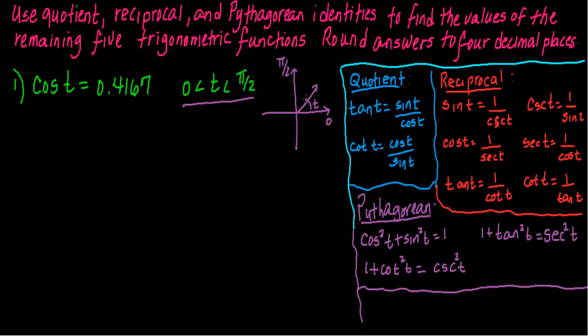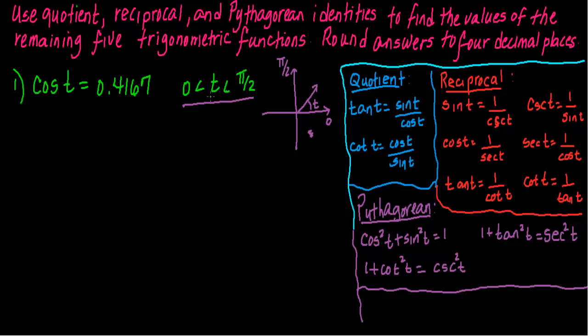Okay? Now, where is this cosine of t equal to this value other than the first quadrant? Well, cosine of t, remember cosine is your x coordinate. Where is cosine positive? That only occurs in your first quadrant and in your fourth quadrant right here.